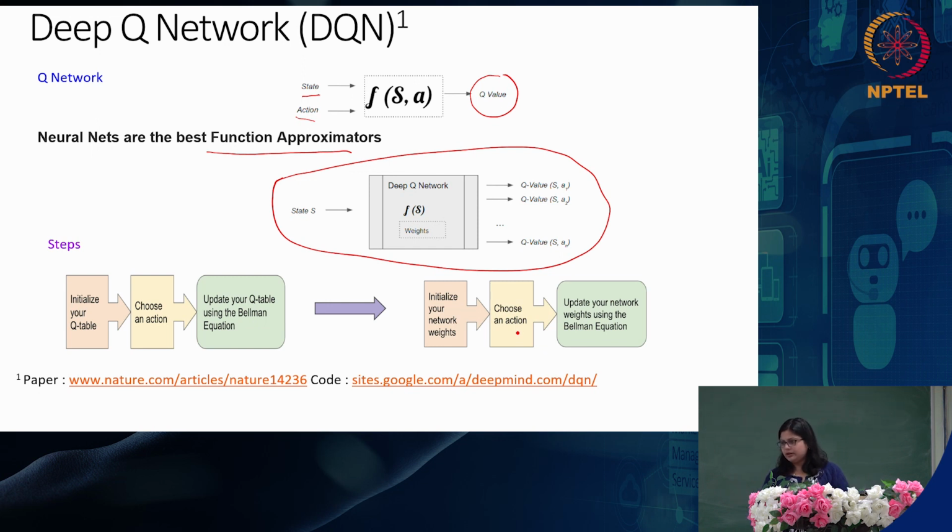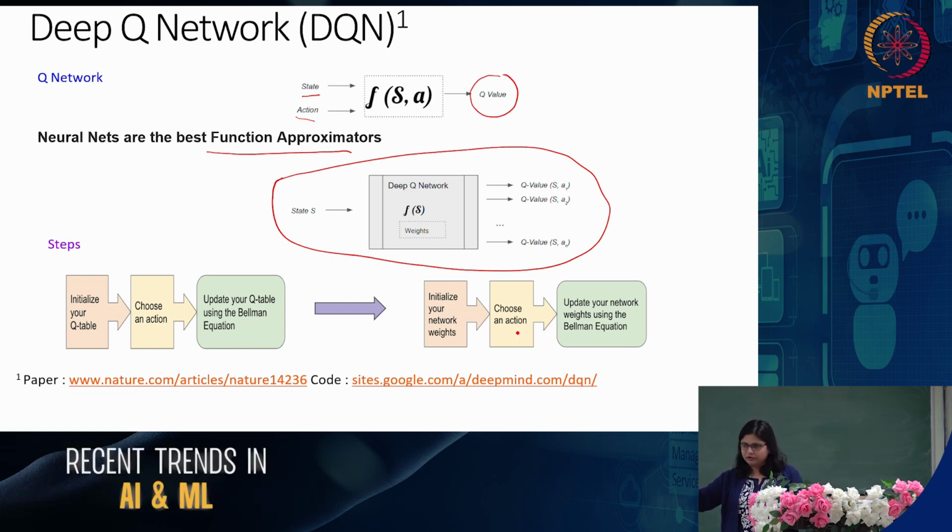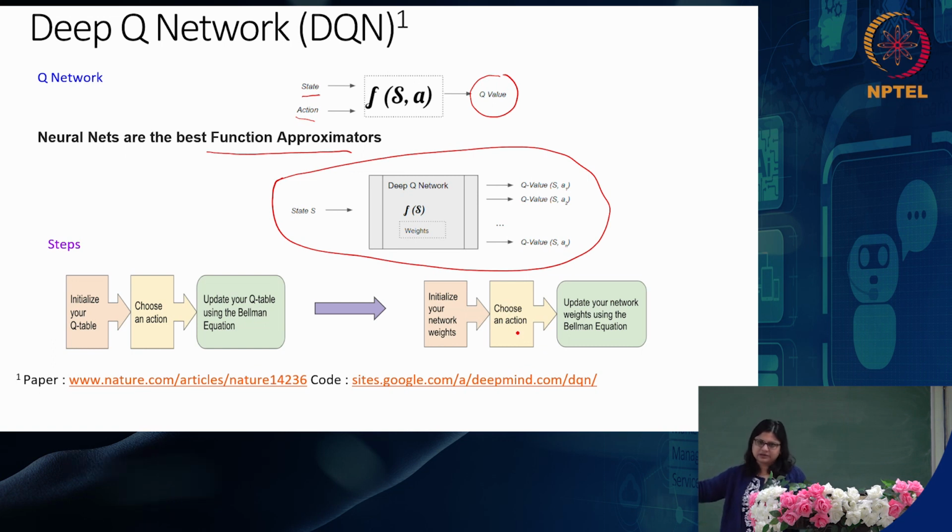In backpropagation, we need an error. You can initialize the weights of the network with some random values, but you have to update the network, so you need to backpropagate some error.